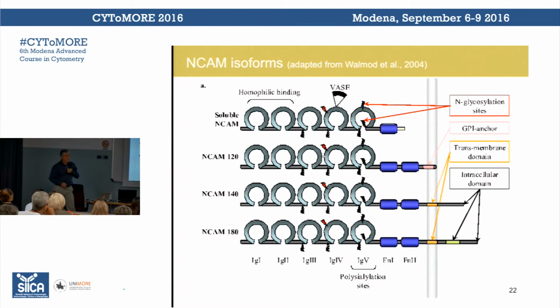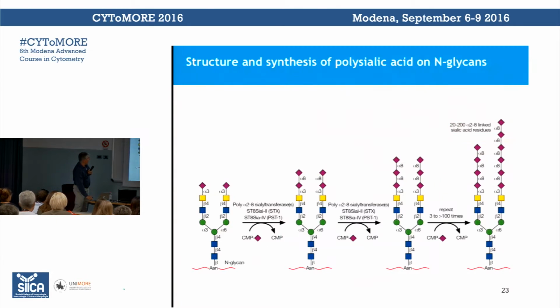Importantly, the sites for glycosylation, and this is an extensive glycosylation, are specifically here on the molecule in its various isoforms, straddling to different extents the cellular membrane. And it's the glycosylation here, the addition of negative charges to this molecule, that can change its function.